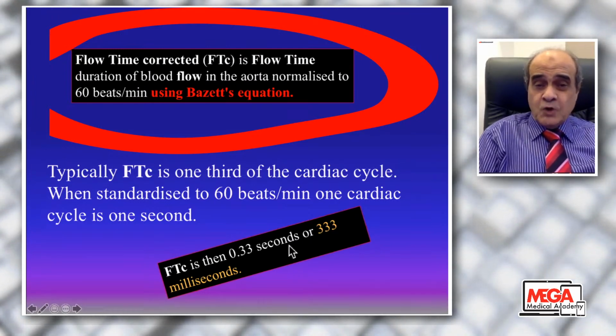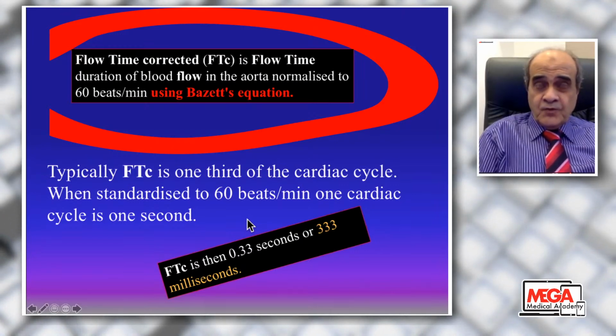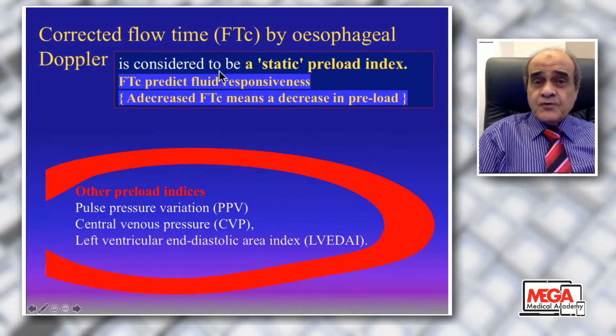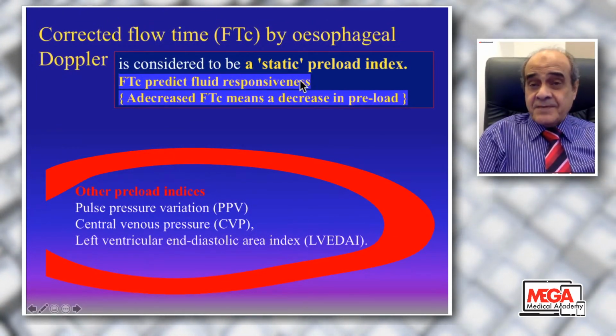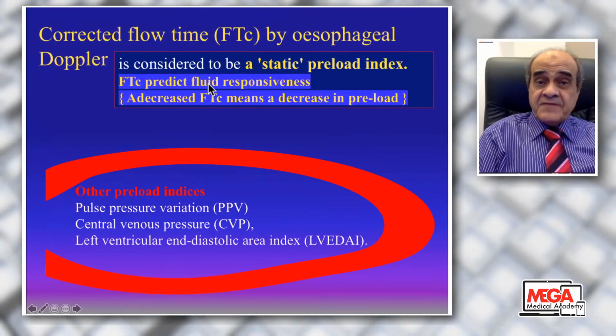This is the normal range for the corrected flow time through Doppler. Corrected flow time by esophageal Doppler is considered to be a static preload index and predicts fluid responsiveness.